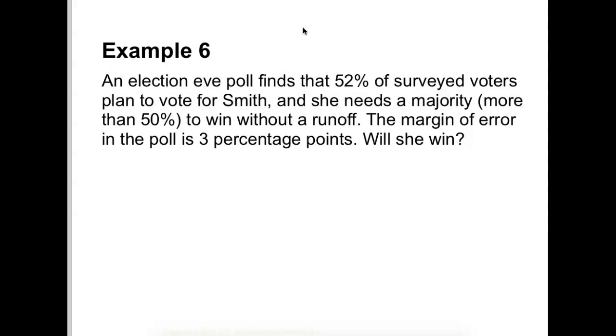So an election eve poll finds 52% of surveyed voters plan to vote for Smith, and she needs a majority to win without a runoff. The margin of error is 3 percentage points. Will she win? Well, if I add 3 to that, that's 55%. If I subtract 3 from 52, I have 49%. Any value in that interval is equally likely to be the true value of the voters who are going to vote for her.